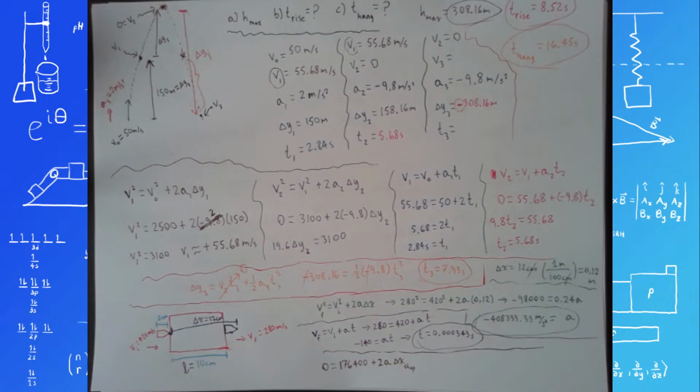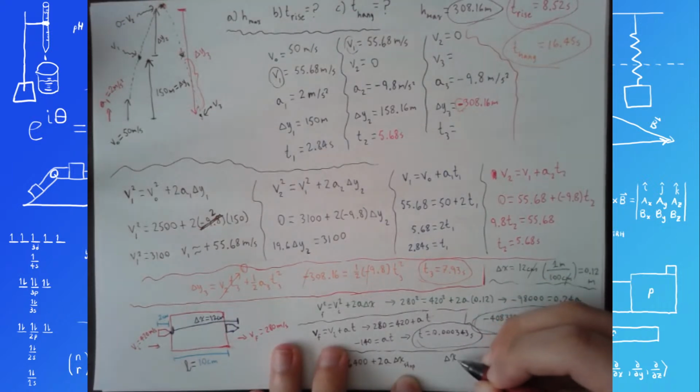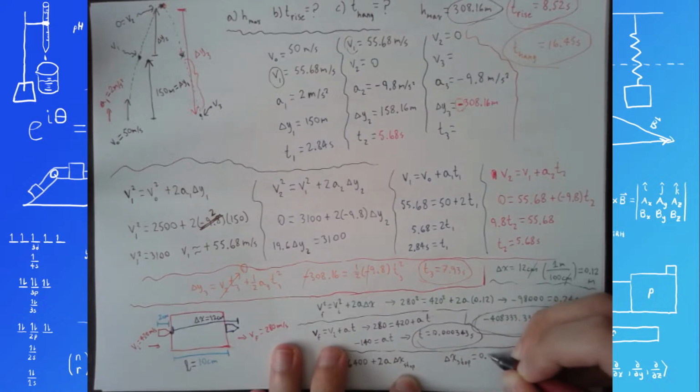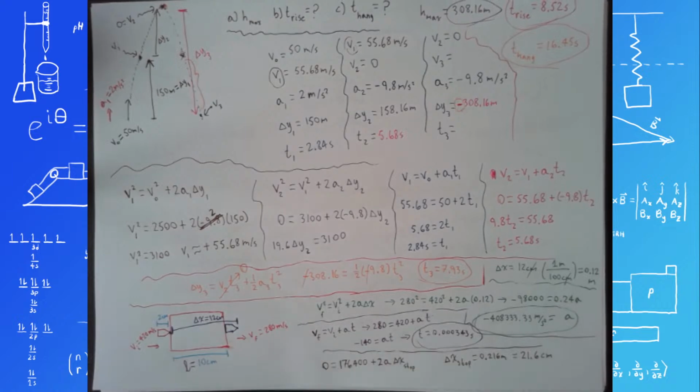Close parentheses, and I'm getting 0.216. I'm getting delta X stop is equal to 0.216 meters, or 21.6 in centimeters. That's in centimeters to the nearest tenth, so we're done, right?